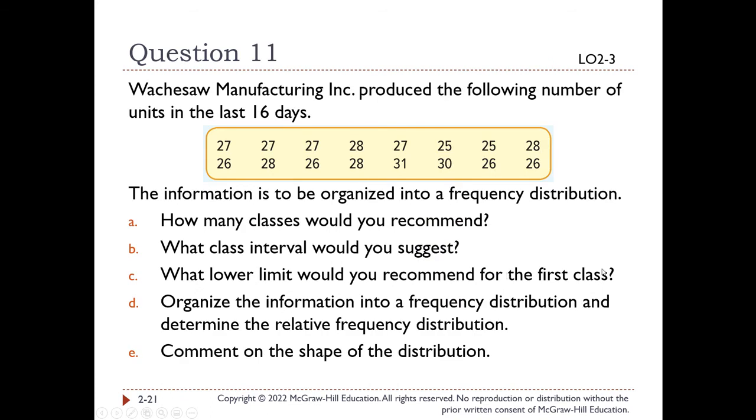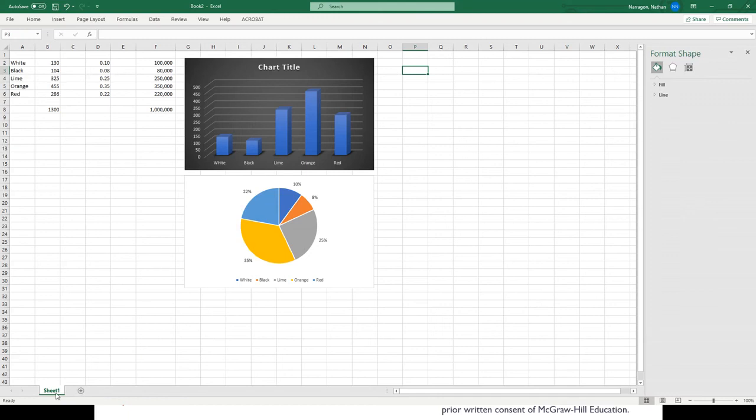So next, we have question 11, which says, Waukesha Manufacturing Inc. produced the following number of units in the last 16 days. And it gives us a data set. And then it wants us to answer all this information. So first off, let's get these numbers in our Excel because we don't have the file.